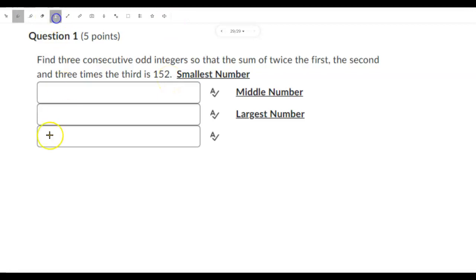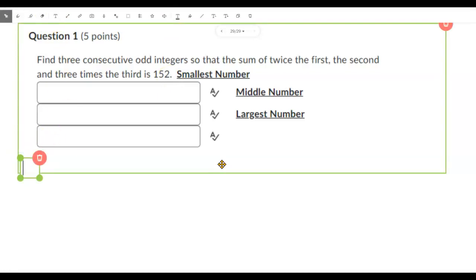It looks like what we need to do first here is define our variables.